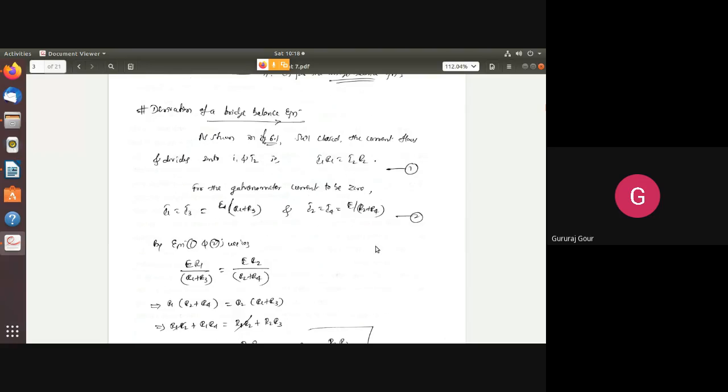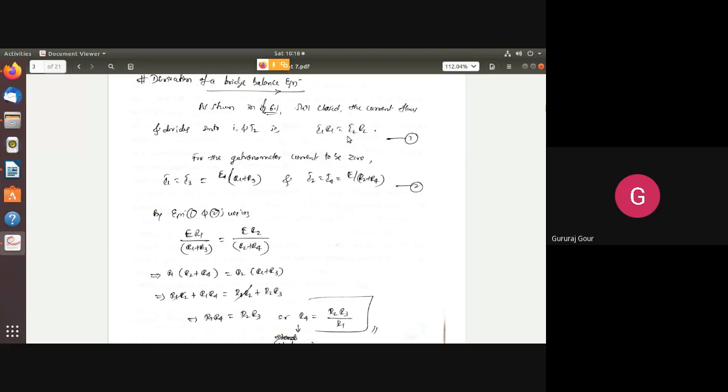We got two sets of equations in 2. Now using 1 and 2, we can substitute for I1 and I2. I1 is E divided by R1 plus R3, into R1, which remains as it is. I2 is E divided by R2 plus R4, into R2.